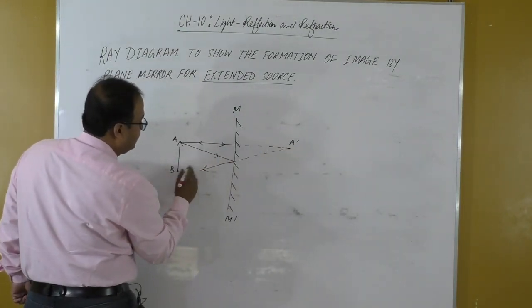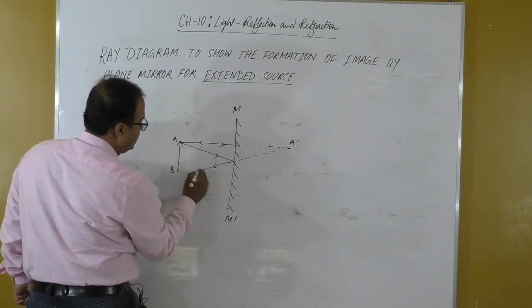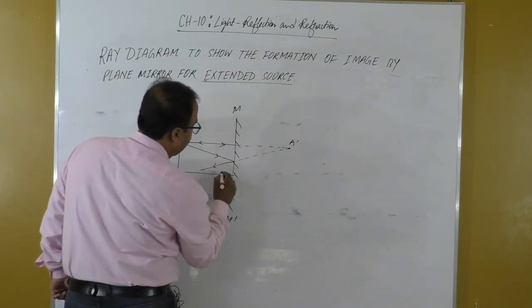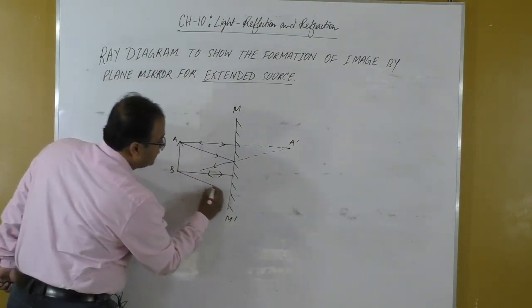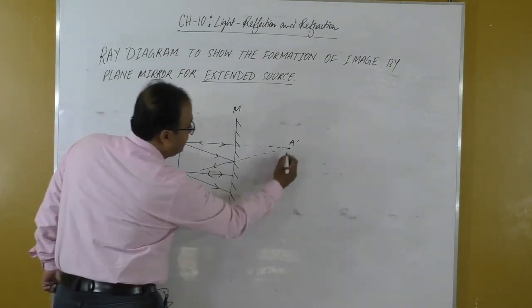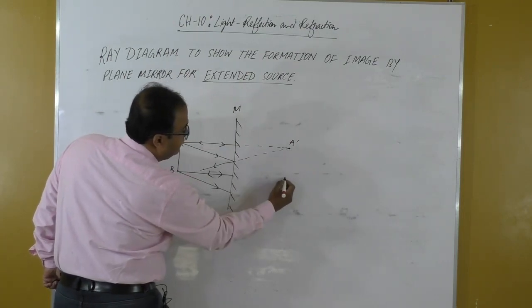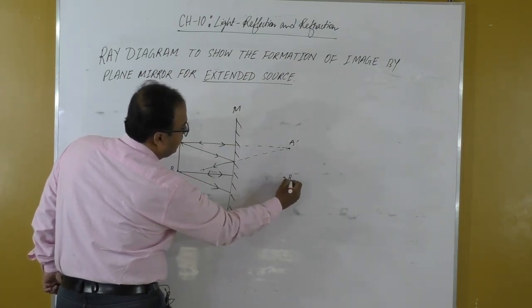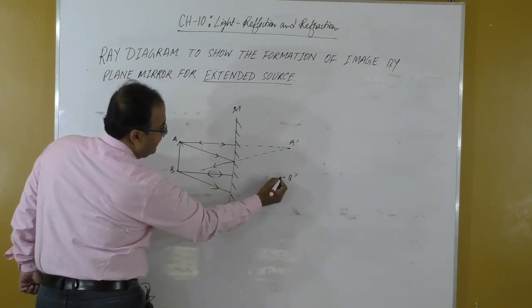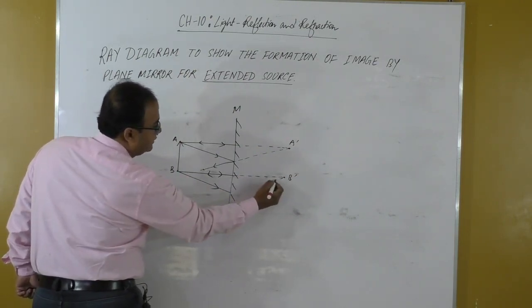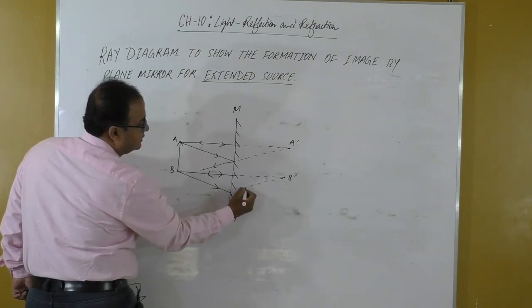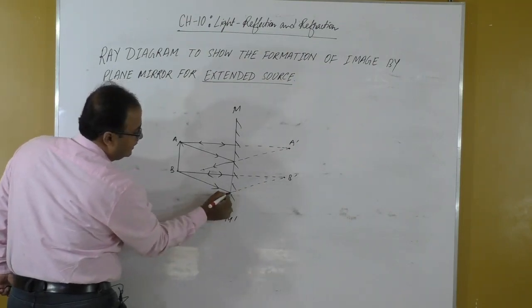Similarly, for point B, we can draw a ray of light incident normally, which retraces its path, and another ray of light incident obliquely. For both the light rays, we can mark another point as B dash, and from here draw the first reflected light ray and the second reflected light ray.